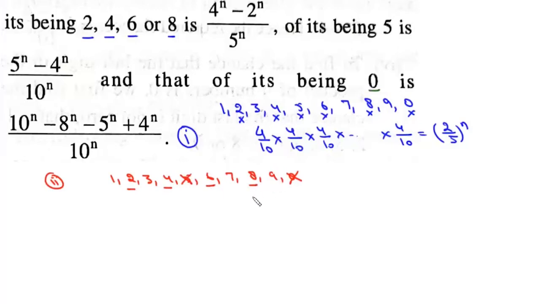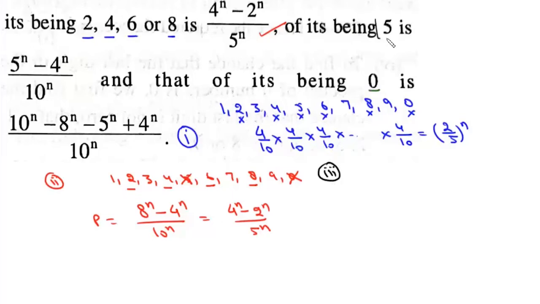So from these 8 numbers we can form 8 to the power n numbers, and from this we'll subtract all those cases in which none of 2, 4, 6 or 8 is chosen. So there will be 8 to the power n minus 4 to the power n divided by 10 to the power n. So this required probability will be 4 to the power n minus 2 to the power n upon 5 to the power n, and that's your second part.